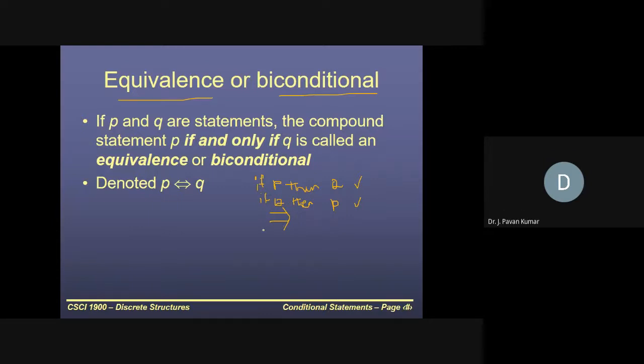Then we can consider P if and only if Q. What does it mean? If P then Q, and if Q then P. These two statements are true, then we can say P if and only if Q. Any doubt?